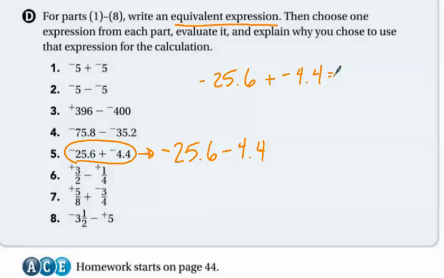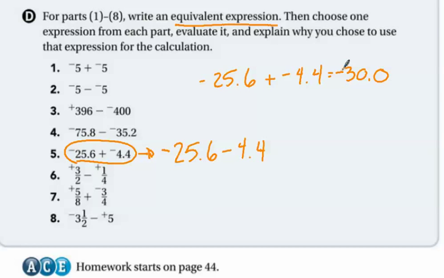From our discussion over the last couple of days, because both of these are negative numbers, I'm going to end up taking the absolute value of them, so 25.6 and 4.4. I am going to add them together, and because they are the same sign, I'm going to keep that sign.